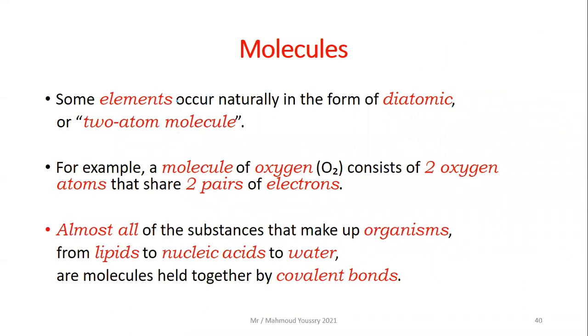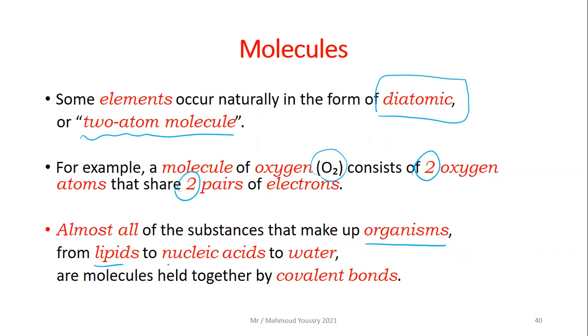Some elements occur naturally in the form of diatomic, or 2-atom, molecules. For example, the molecule of oxygen, O2, consists of 2 oxygen atoms that share 2 pairs of electrons. Almost all of the substances that make up organisms, from lipids to nucleic acids to water, are molecules held together by covalent bonds.